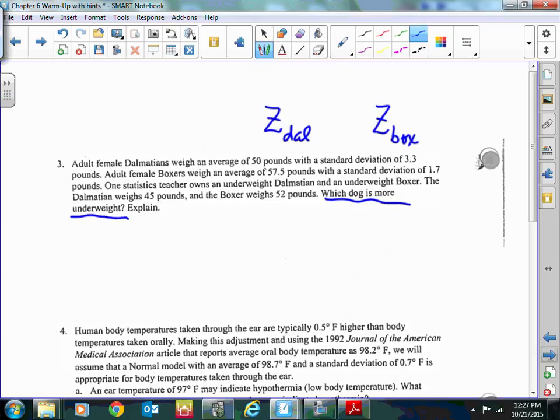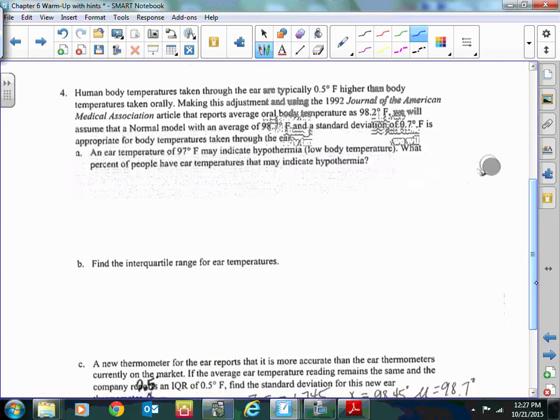Okay? And then here, number 4, you are finding a percent. What do you have to do when you find a percent or a proportion of observations? Find probability, find the proportion of observations, when you find percentage, use norm CDF.